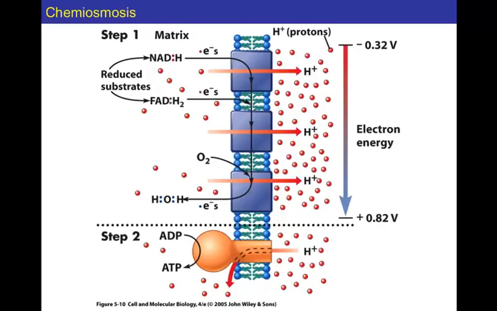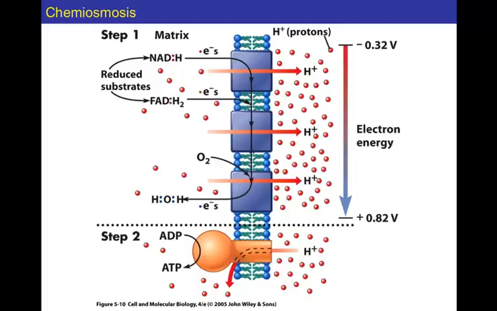Now we'll discuss the process by which the ATPs are made by the electron transport chain. This process is called chemiosmosis. And it turns out that some of the molecules in the electron transport chain pick up both electrons and hydrogens.